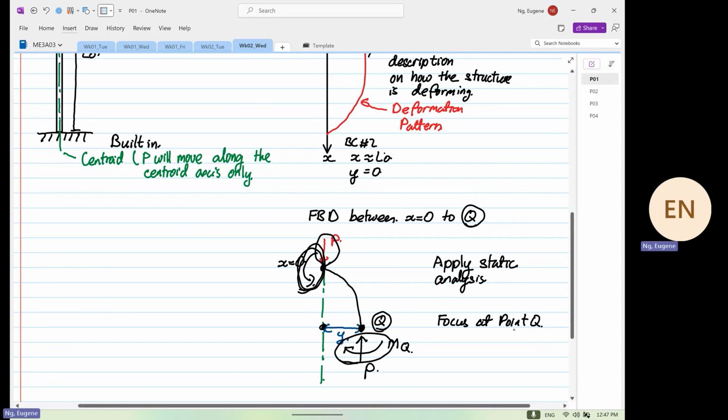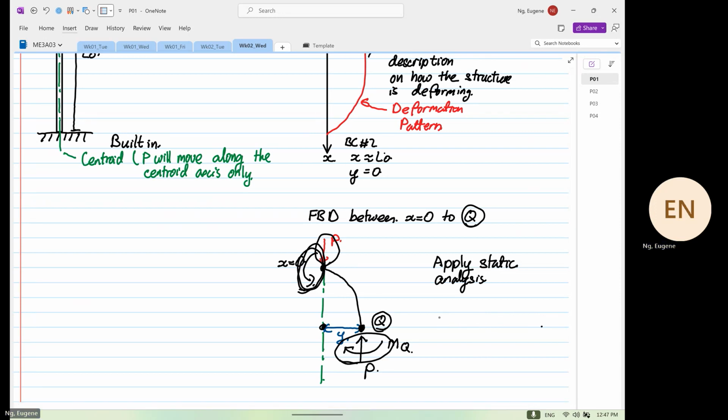So we are focused, or the analysis is done, relative to point Q. Why?